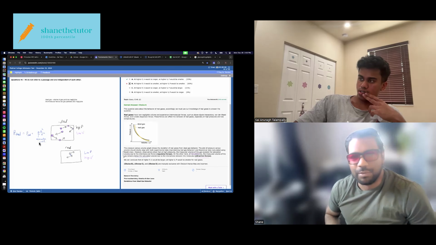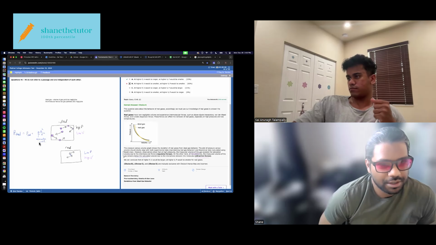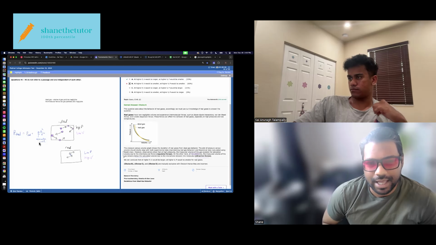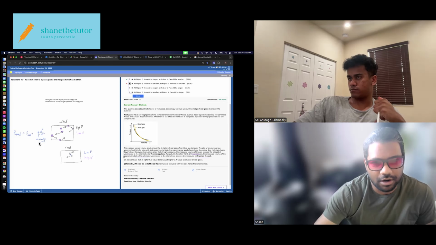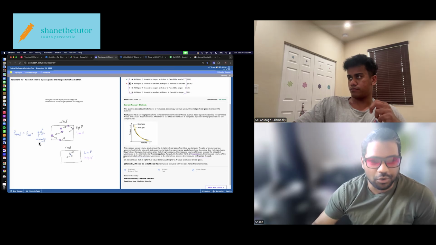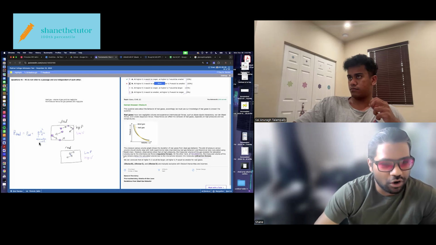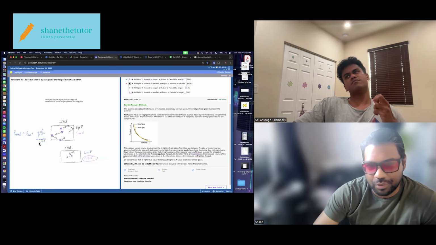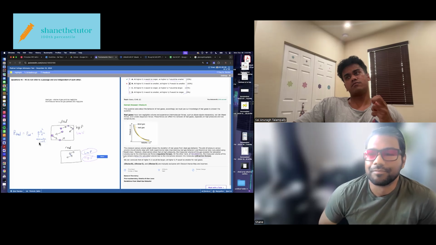So what this would mean is that at higher pressures, you would have a larger volume, and all of these are talking about a real gas, by the way. At higher pressure, the volume would be larger, which is what we see here. And then they say at higher volumes, the pressure would be smaller, which is what we see here.